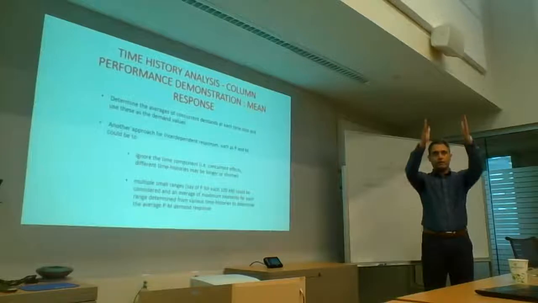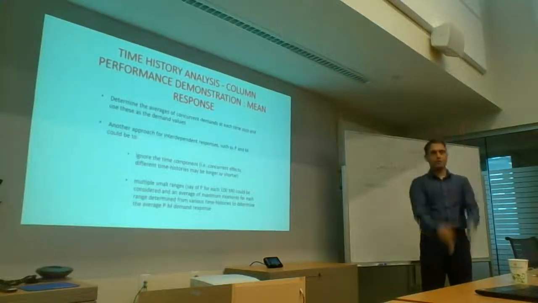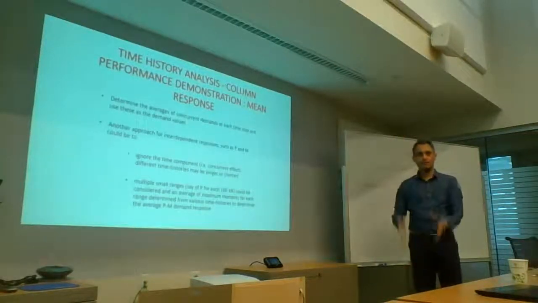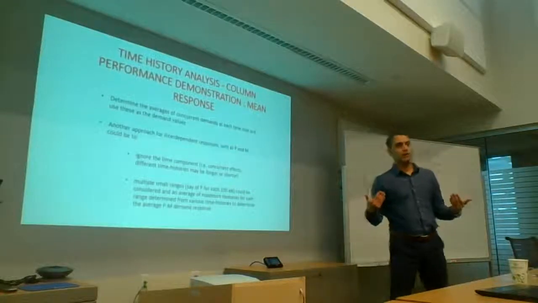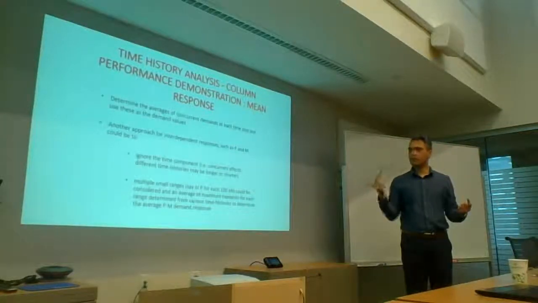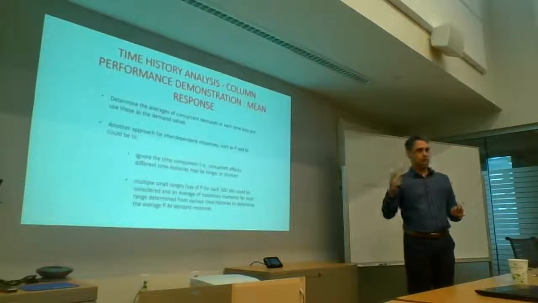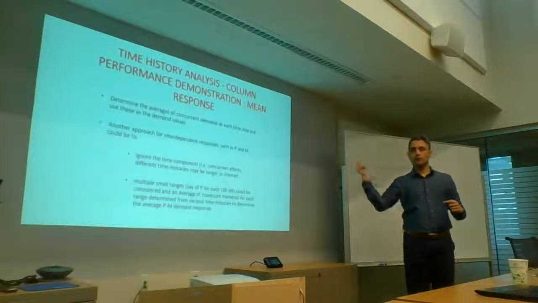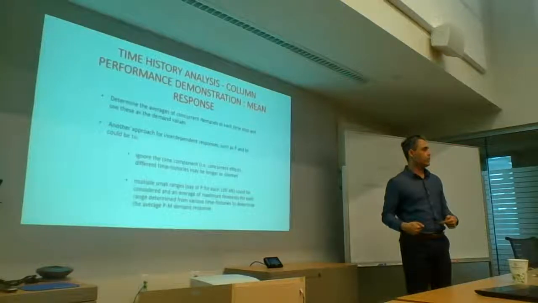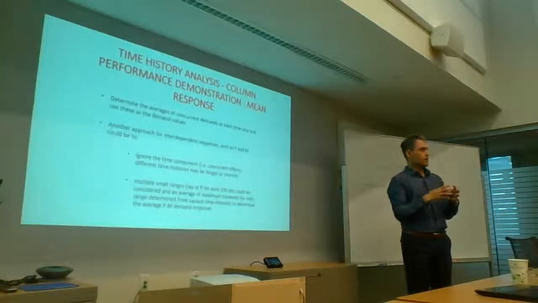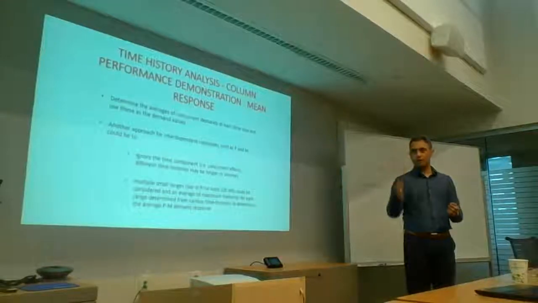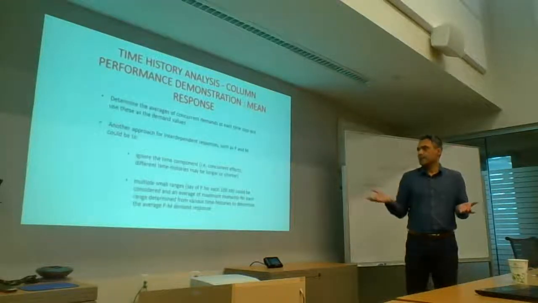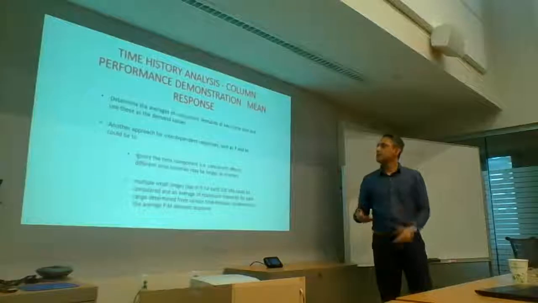So if I have 40,000 points for P and 40,000 corresponding points for M, and I've got 11 of those, one thing I can do is average all the P's at every given point, and then average all the M's at every given point. Then for every time instance, I can draw that and say, yeah, this is my average.